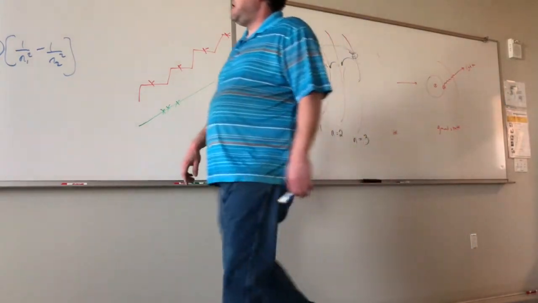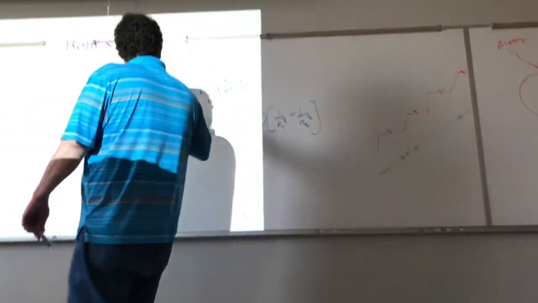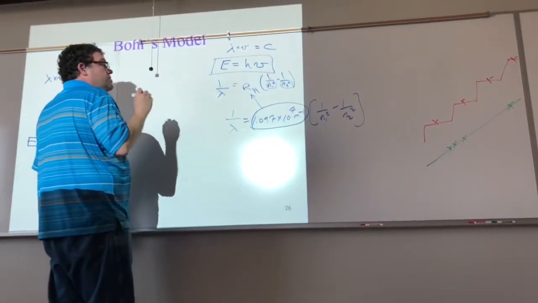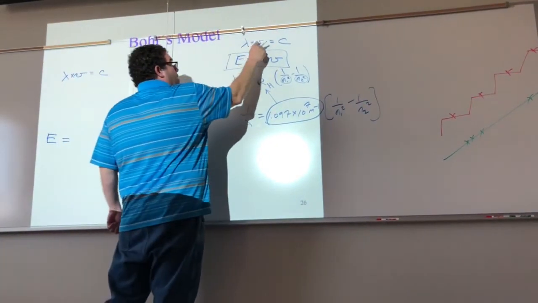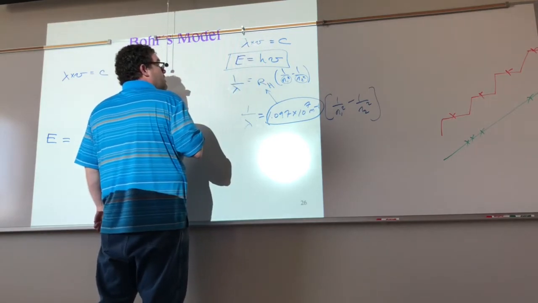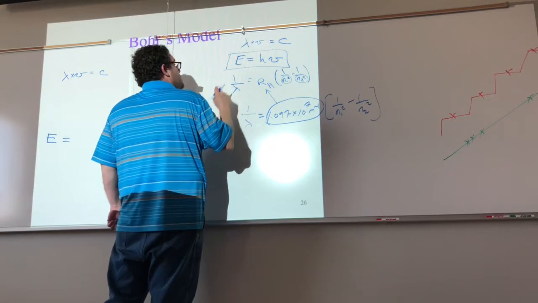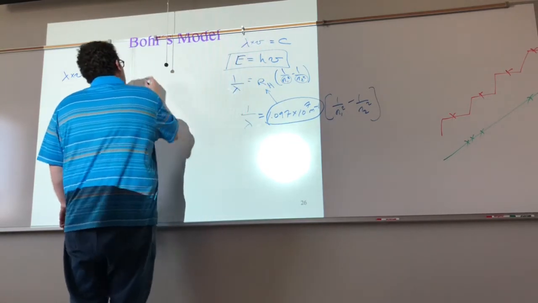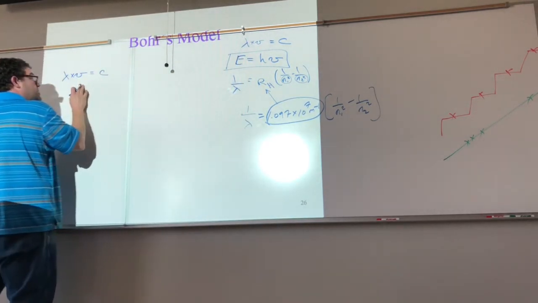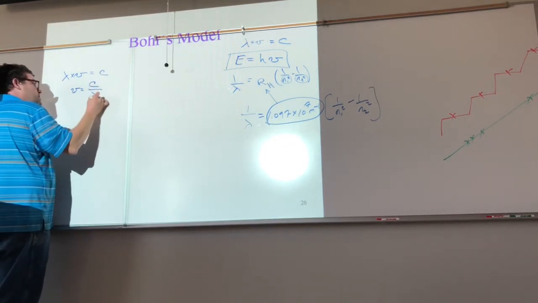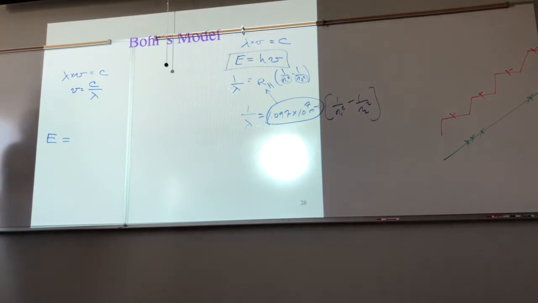So I'm going to take this equation right here, and I want to solve for frequency, okay? And I want to put this in terms of wavelength. So if I take this equation, lambda times nu is equal to c, and I solve for frequency, that's just going to be c divided by lambda, okay?